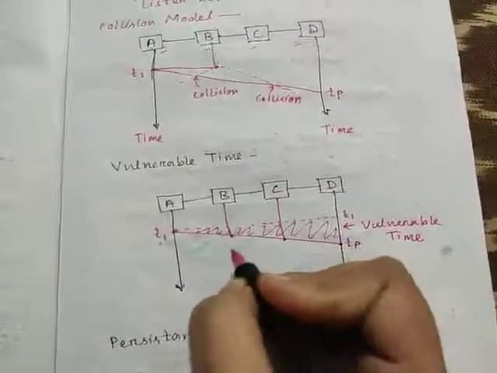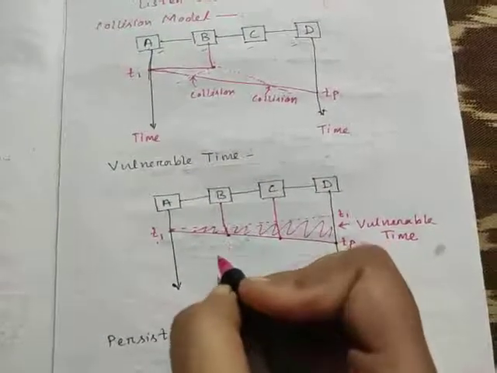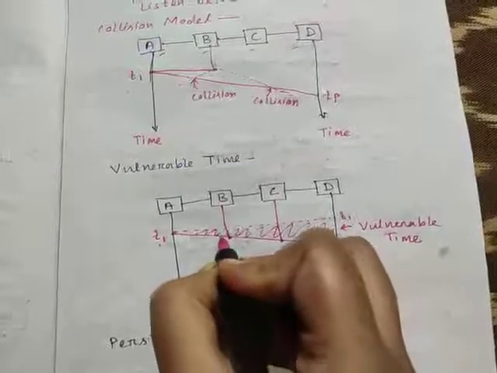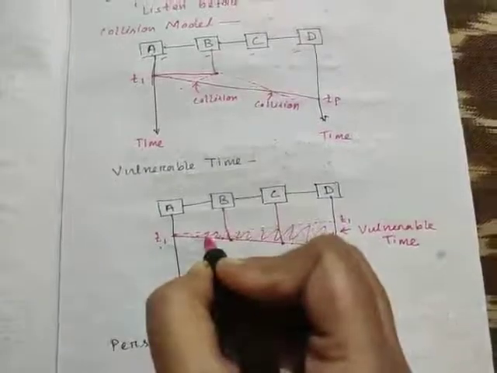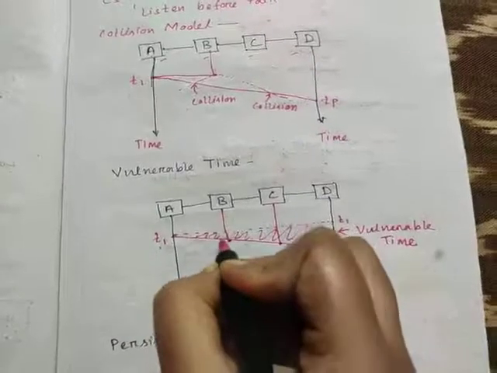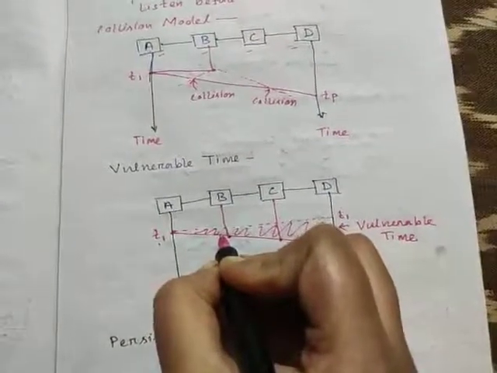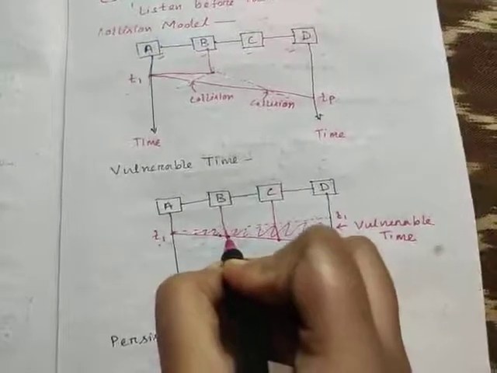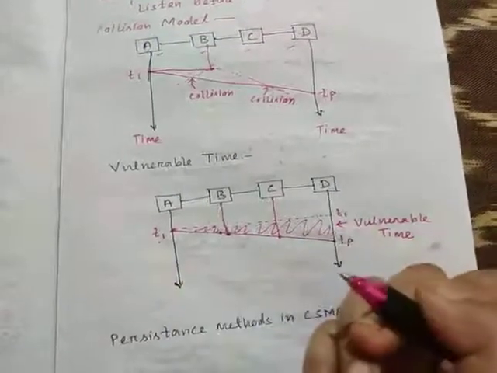Before this point, they are unable to sense the channel. Before this point, if the transmission is coming from this direction, they are also unable to detect it. Only when it reaches this point are they able to detect the transmission.